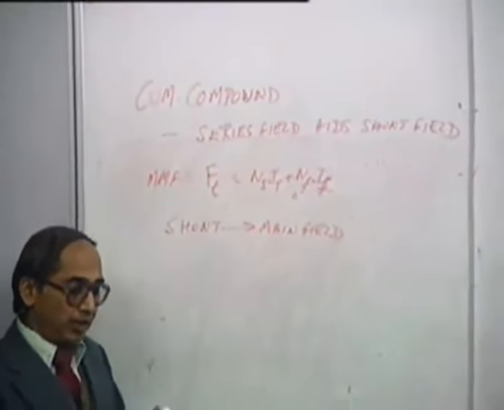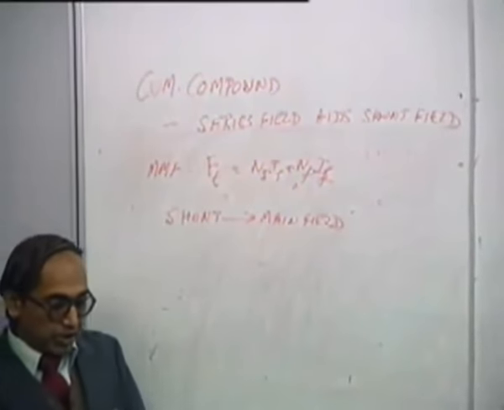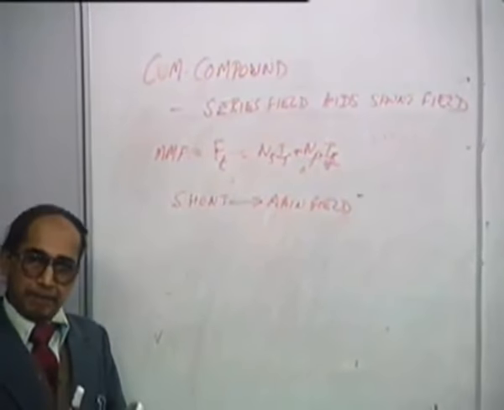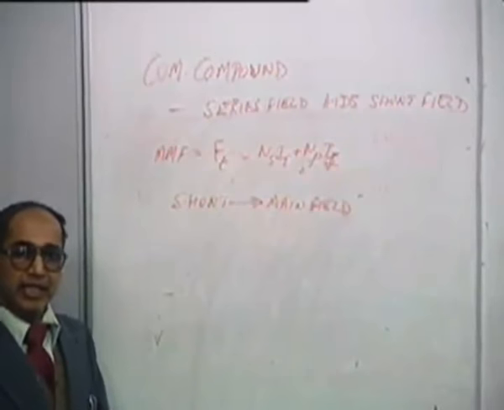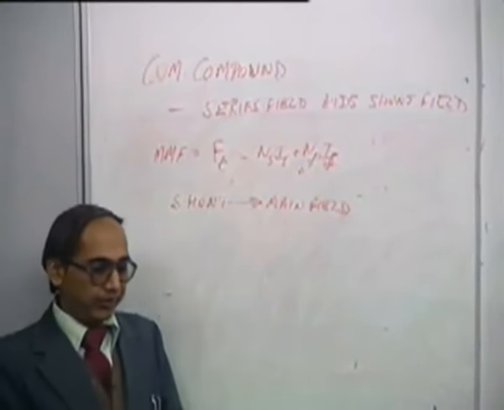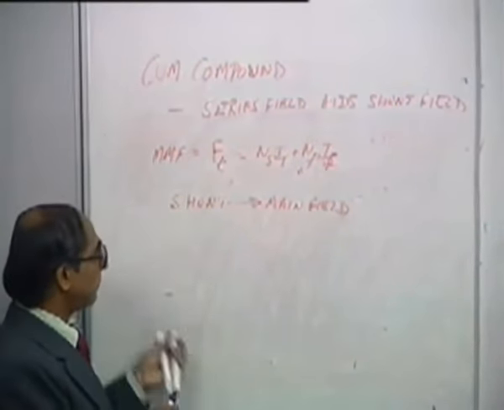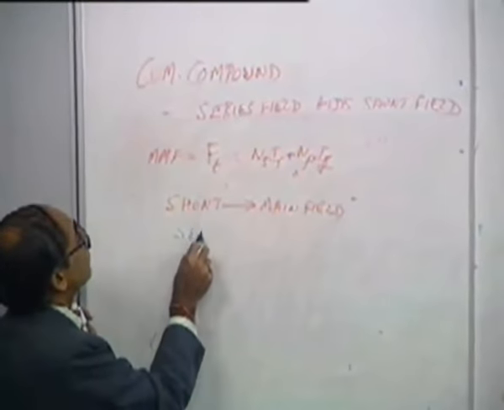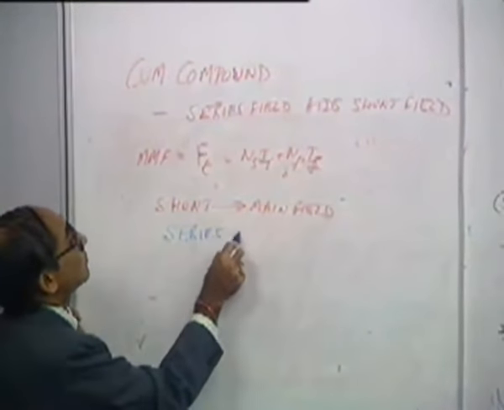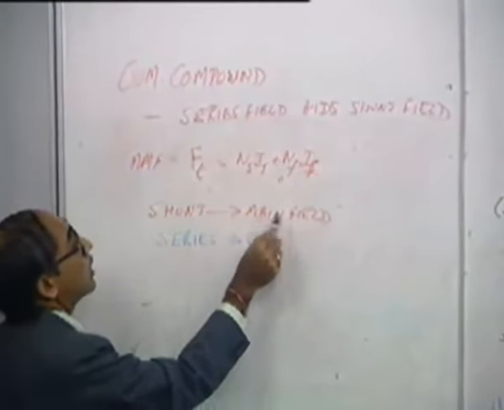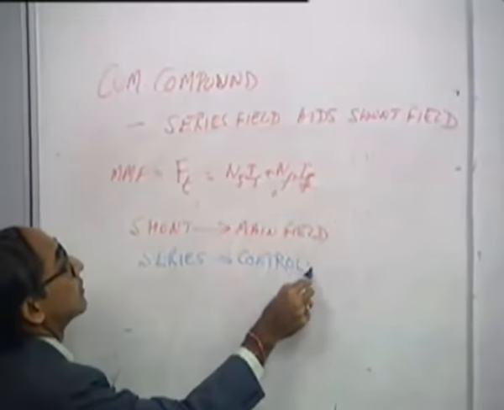In all the compound machines, shunt is basically the main field, and the series field is basically a controlling field, to control the net flux.